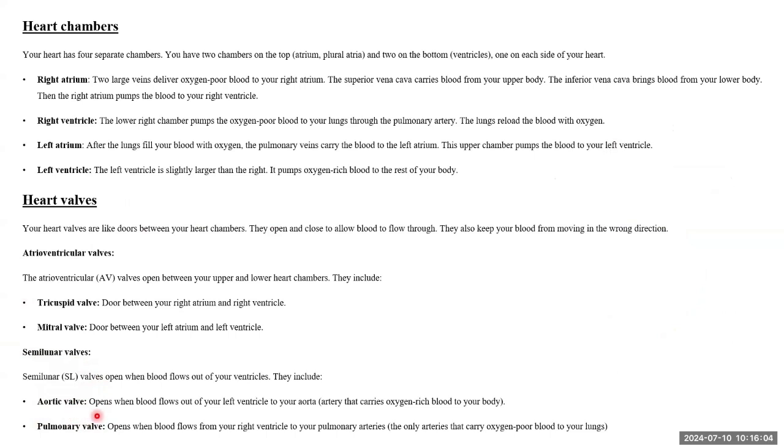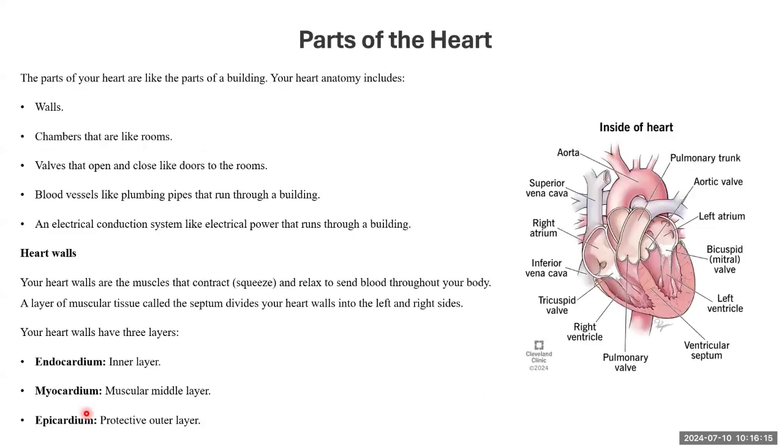Meanwhile, the pulmonary vessels, let me clarify again, we call it the pulmonary trunk, because it arises as a single vessel first, then it branches out to form two pulmonary vessels. The pulmonary trunk exits from the right ventricle, meanwhile the aorta exits from the left ventricle.